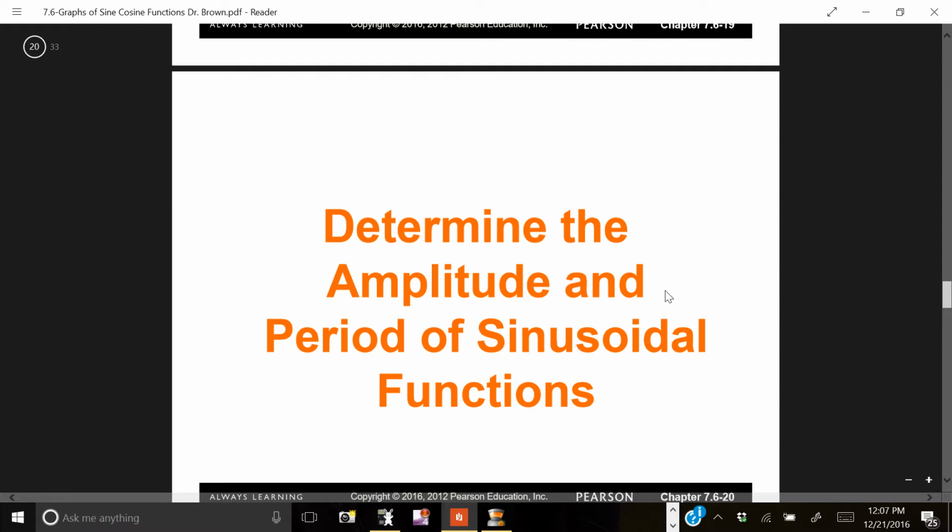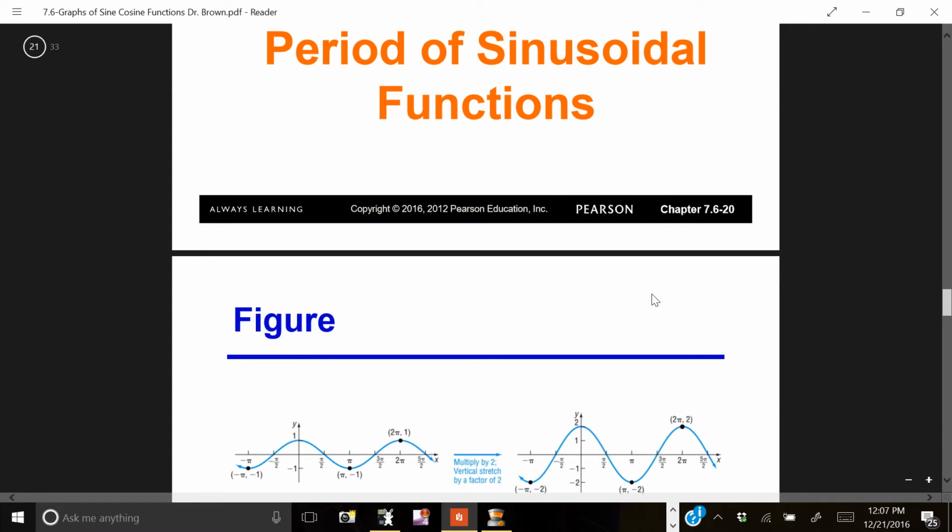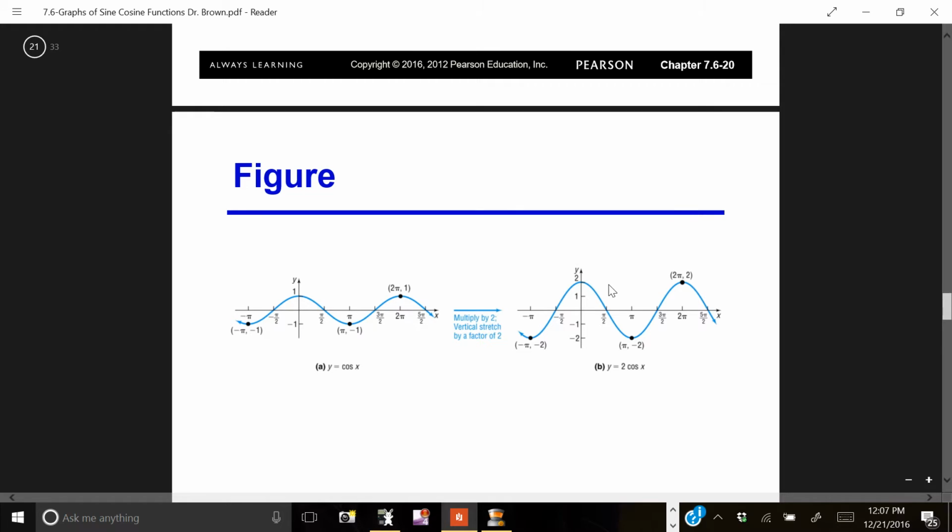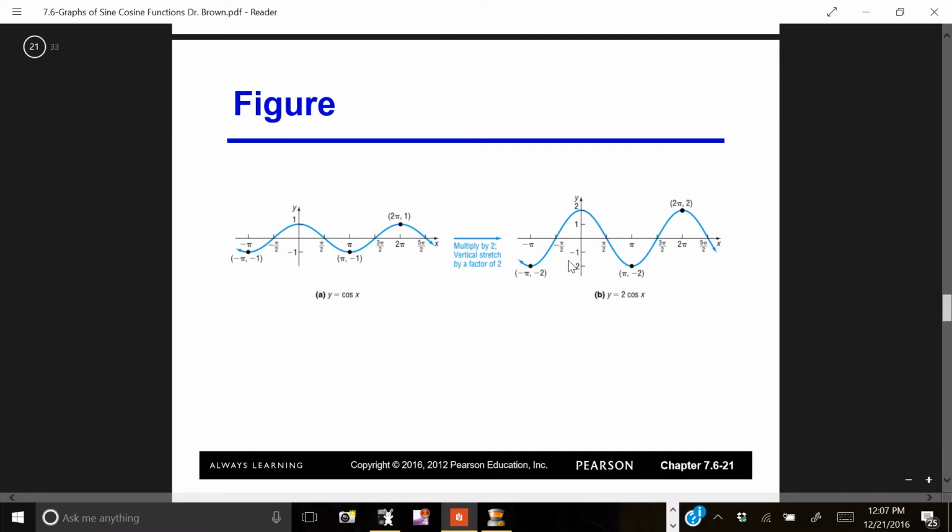Now, we need to be sure we know how to determine the amplitude and period of sinusoidal functions. These two are going to be very simple.